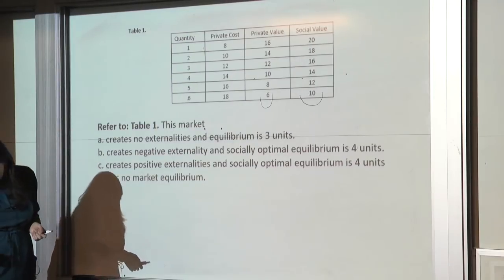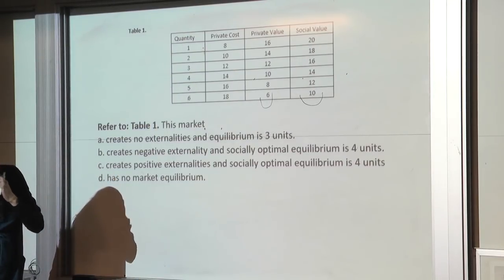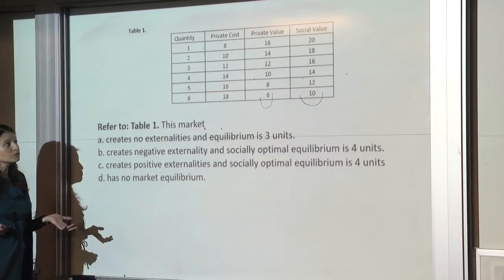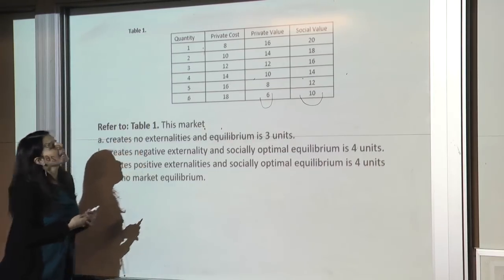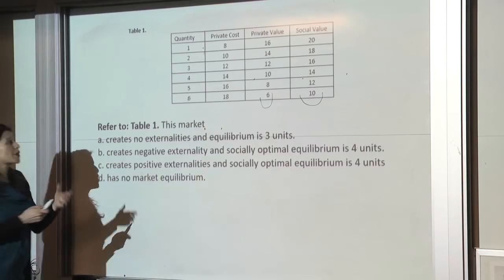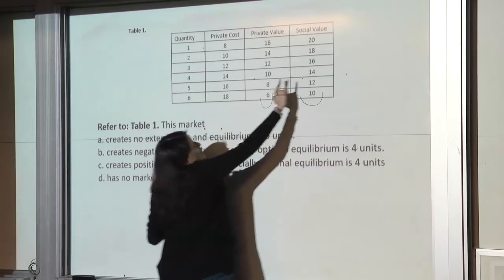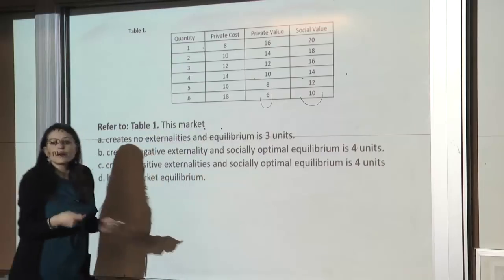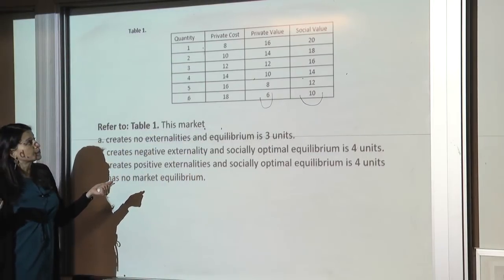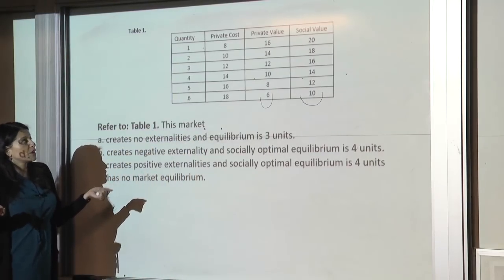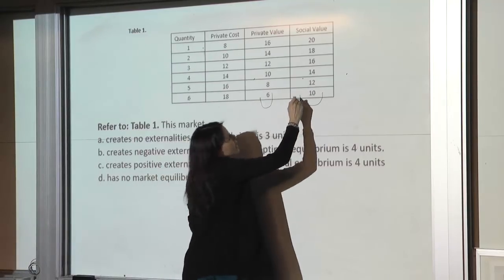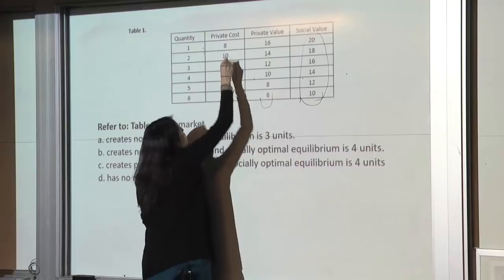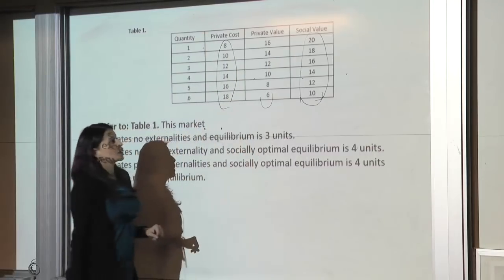So, what we have to do in a regular market is to find the case in which private cost is equal to the social value, or price equal to cost, right? Or demand equal to supply, which is basically, you have to find the point in which these two are equal.